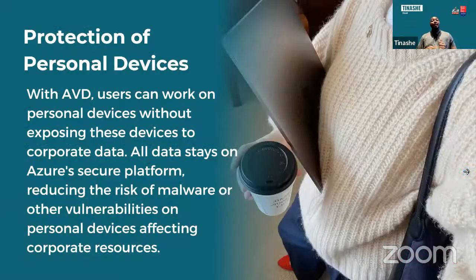There's also an element of protection of personal devices. With AVD, users can work on virtual devices without exposing these devices to corporate data. All data stays on the Azure secure platform, reducing the risk of malware or other vulnerabilities on a personal device affecting corporate resources.